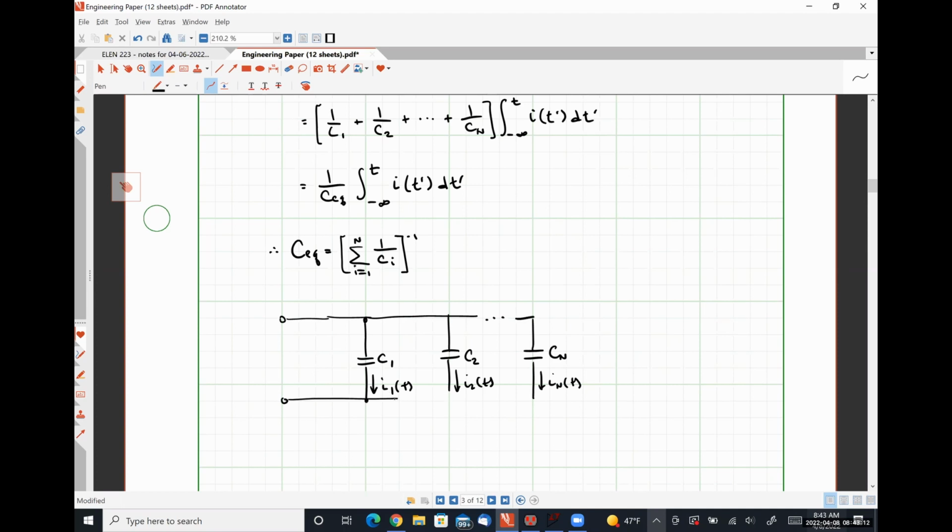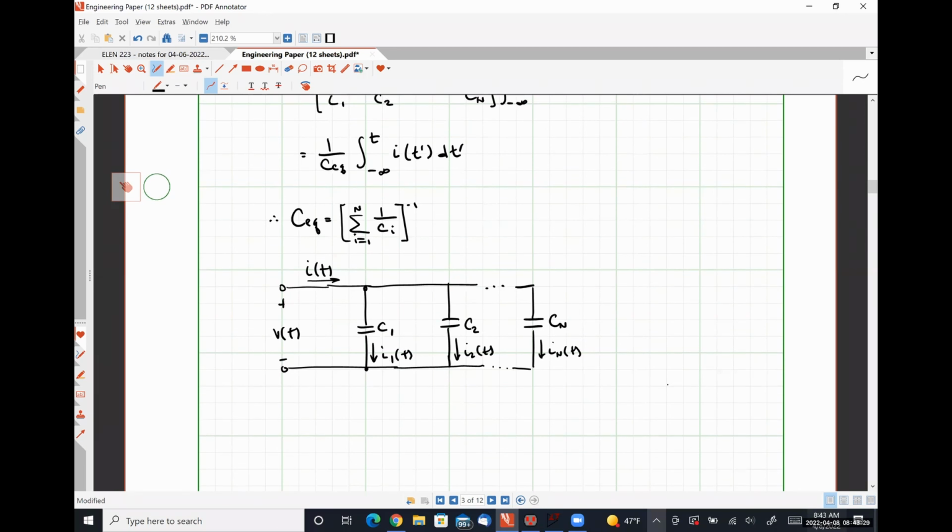Like so. Where the total voltage drop is V, and the amount of current passing into the parallel capacitor network is I. Applying Kirchhoff's current law, we would have I of t is equal to I1 plus I2 plus In.